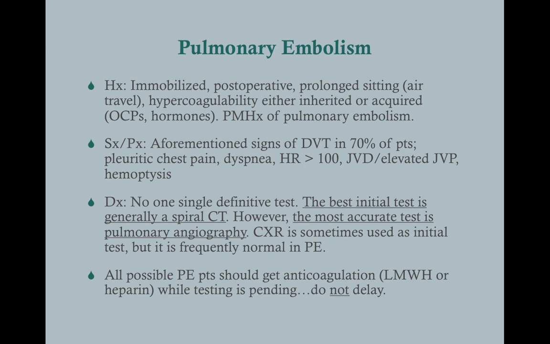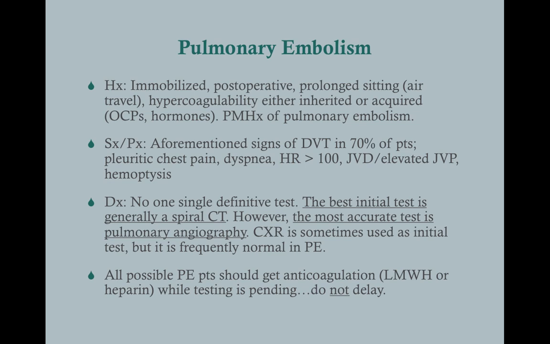So pleuritic chest pain, dyspnea, shortness of breath, heart rate greater than 100. And then some of the signs that we would see in a more severe pulmonary embolism would be jugular venous distension and hemoptysis.